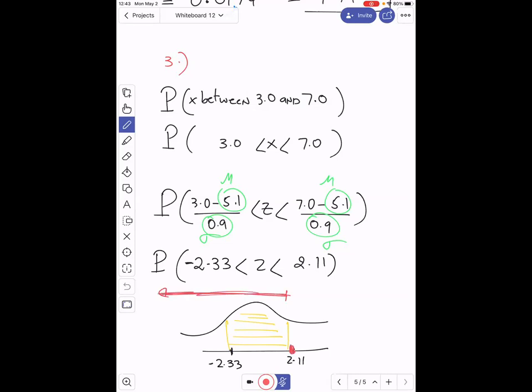So this is the area to the left of 2.11, and you subtract the area to the left of the first number, negative 2.33. So this would represent the area to the left of negative 2.33. So you see the difference between the two arrows, guys? The difference between the two arrows, that's exactly the area between the two numbers, right? This is the difference between the two arrows. And that's exactly the area between the two numbers.